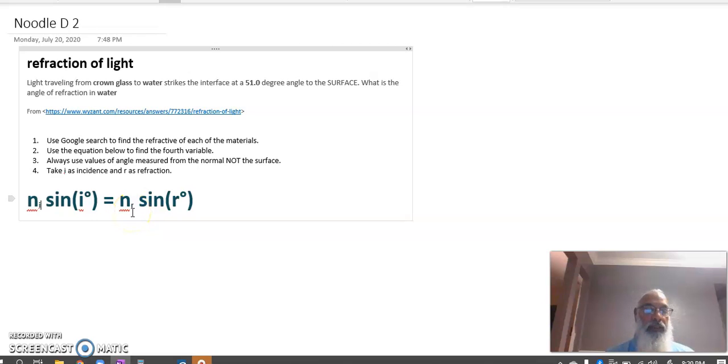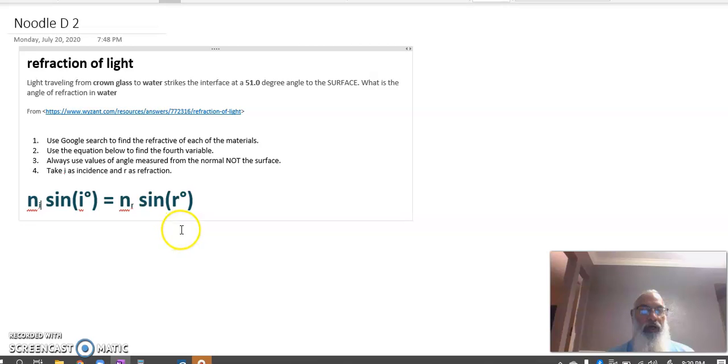So that is the refractive index of the material into which the light is traveling. So in other words, by definition, the light will always travel from I to R. So the angle I is also obviously the angle in the medium of incidence. R is the angle in the medium of refraction.